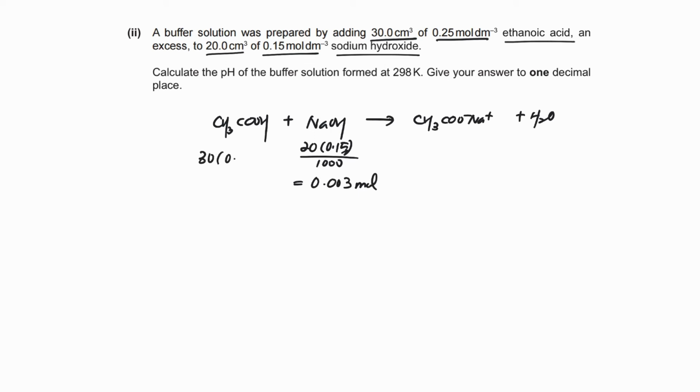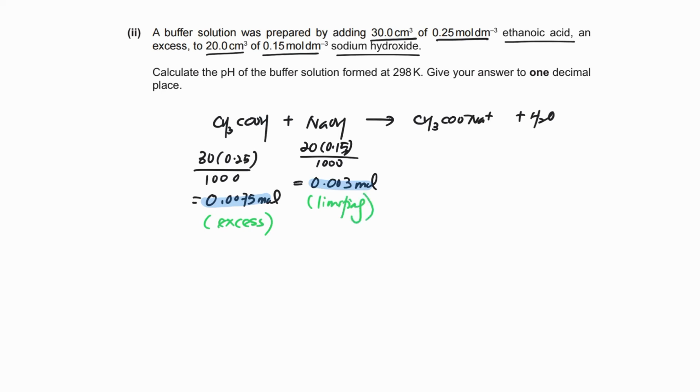We have the volume and concentration, so with MV over 1000, we could get the mole of ethanoic acid, which is 0.0075 mole. With the moles of them, we could see ethanoic acid is in excess, and NaOH is the limiting reactant. So this is excess, and this is limiting.